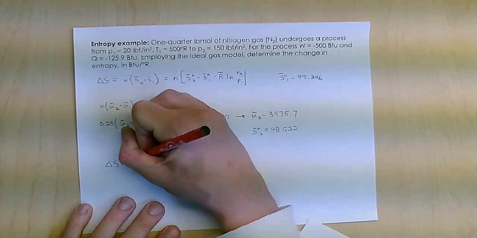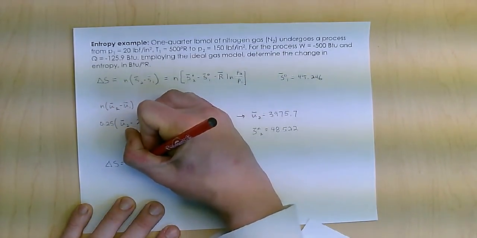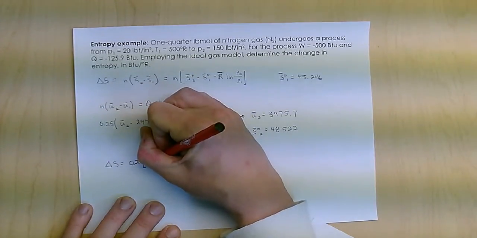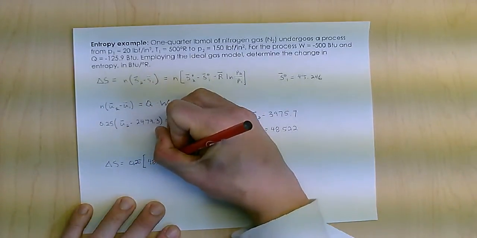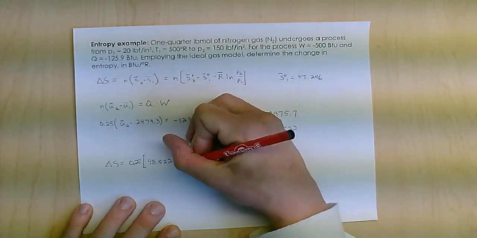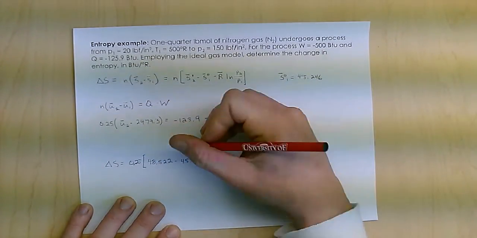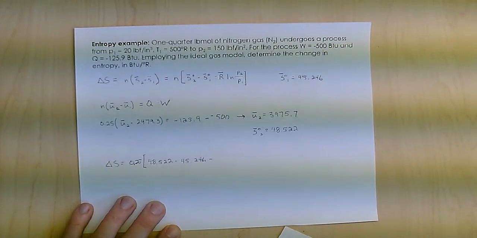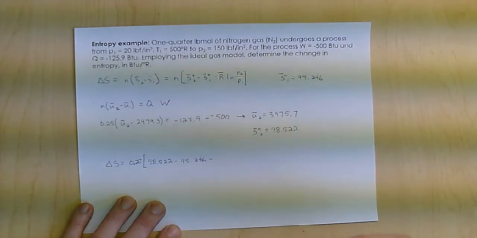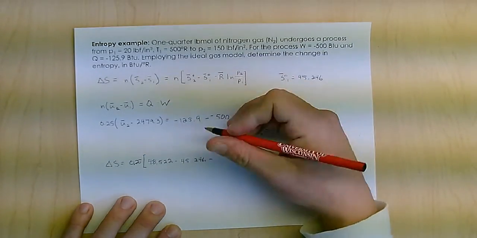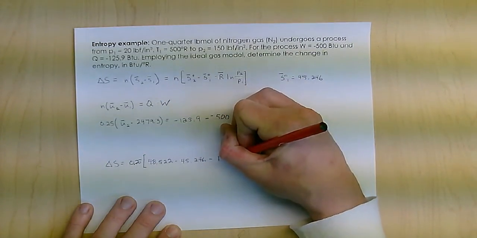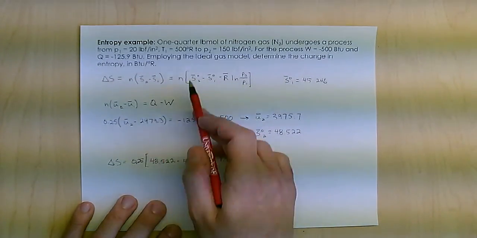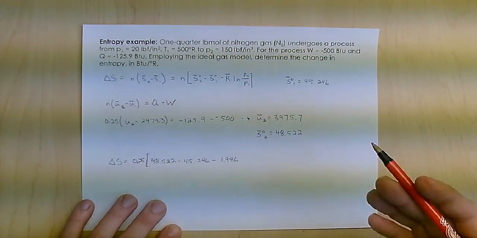Delta S equals a quarter pound mole times S2, which is 48.522, minus S1, which is 45.246, minus R bar, which we want in BTU, so that's 1.986. This time I don't divide by the molecular weight of air, because I'm given the number of pound moles; usually I'm given mass.